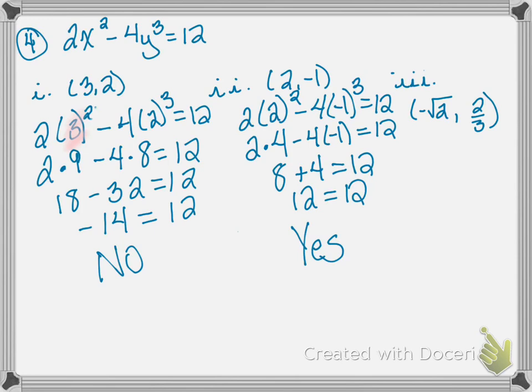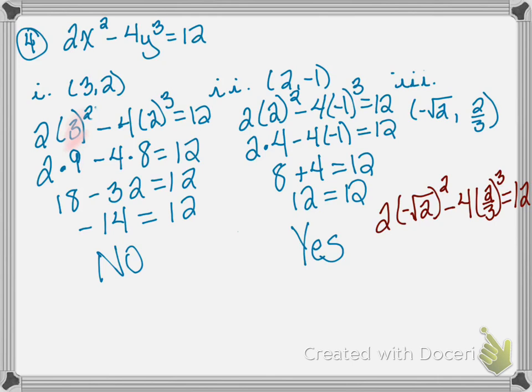So I've got, and I'll do it in a different color just so we can tell the difference here. Okay? So I have 2 times negative square root of 2 squared minus 4 times 2 over 3 to the third power equals 12.